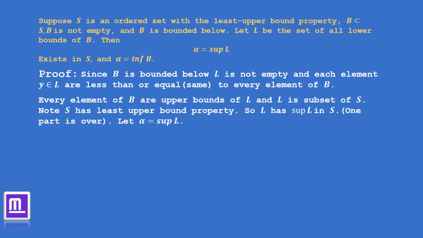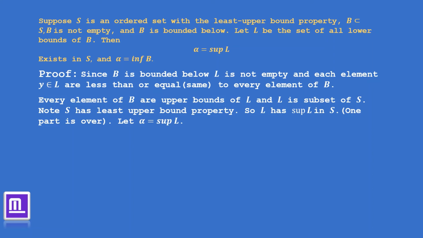So we have a non-empty set which is bounded above and a subset of S, and S is a set with the least upper bound property. So what will happen? L has a supremum in S, and let us call that supremum alpha. So this completes part 1 of this proof.